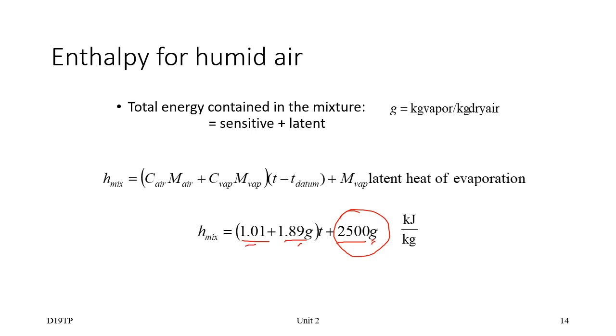Basically, the sensible comes primarily from the air and the latent primarily from the vapor. Altogether they contribute the enthalpy, which is the total energy contained in the mixture. So it's sensible plus latent.